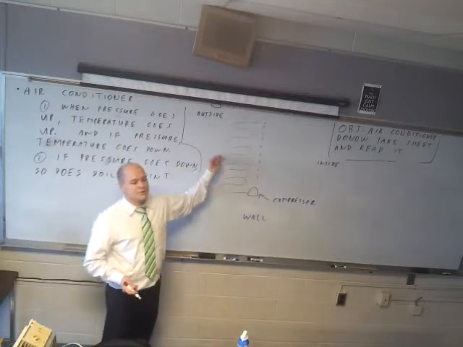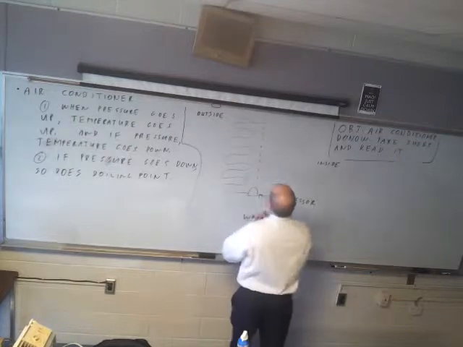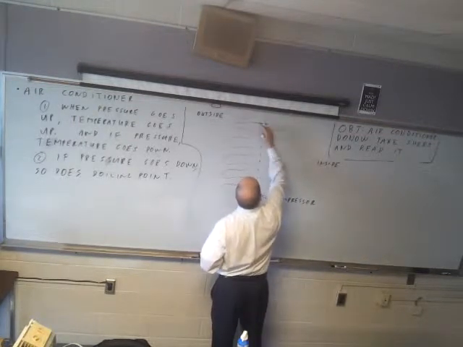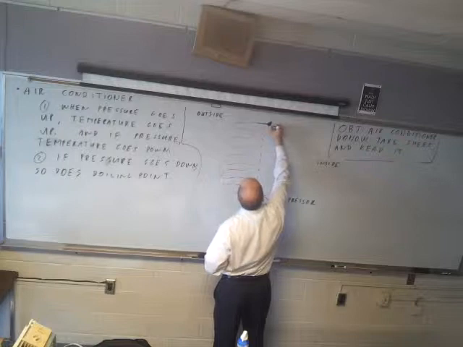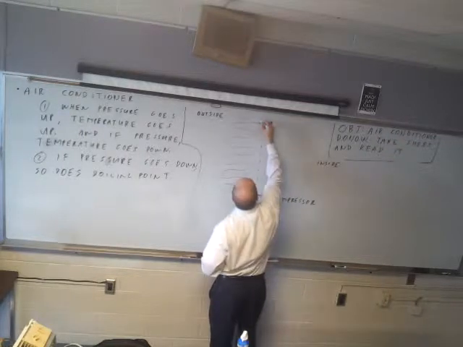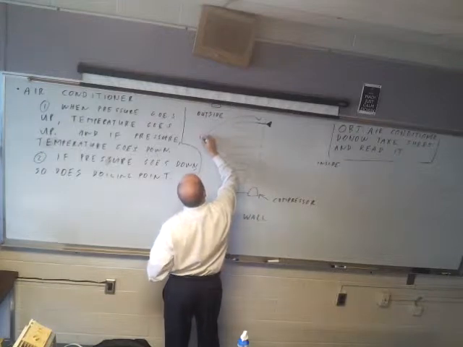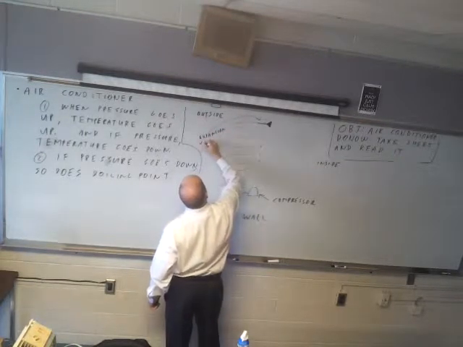I drew them in red because they're the hot side. Then you have a little tiny thing at the top that's basically like a funnel. It starts out thin, and then it gets wide. This piece is called the expansion valve.